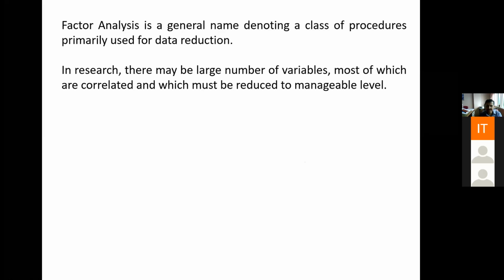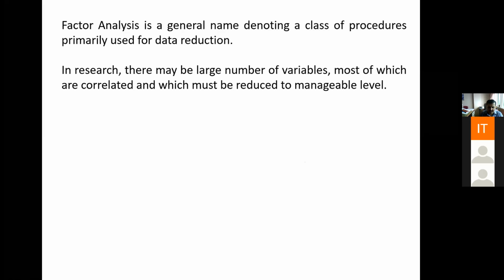So primarily, factor analysis is a general name given to a class of procedures which is primarily used for data reduction. Data reduction does not mean that we wipe out certain kinds of data.